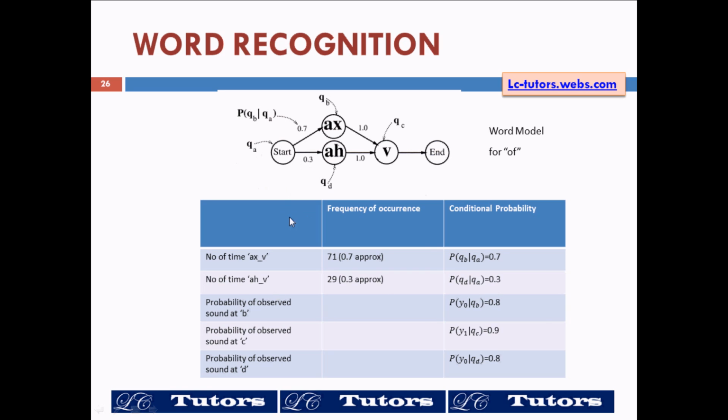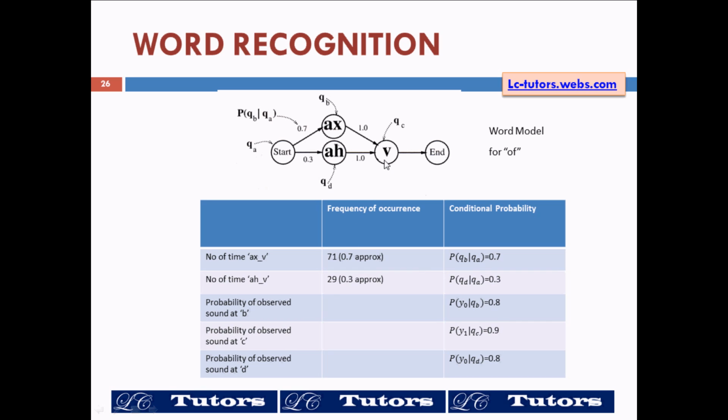And now we have a few other observations. That means at this point there are two observations of the acoustic signal. We have the acoustic signal recorded, and then we observe one acoustic pattern here and another acoustic pattern here. So the probability of the observed sound at state B may not be exactly what you might want to listen for, but it may be about 0.8 probable that particular acoustic came.